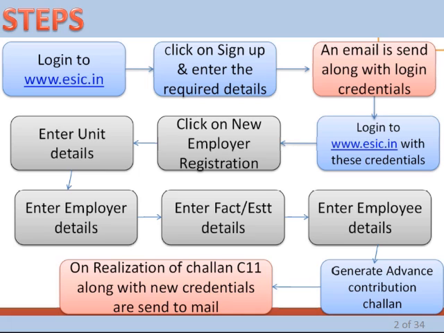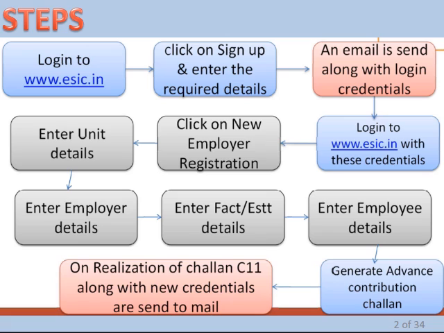At first you have to go to the website, that is www.esic.in. After that, click on sign up and enter the required details. After that, an email is sent along with login credentials. Then again you have to log in on www.esic.in with your credentials.